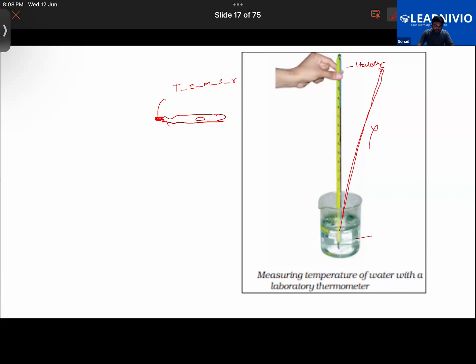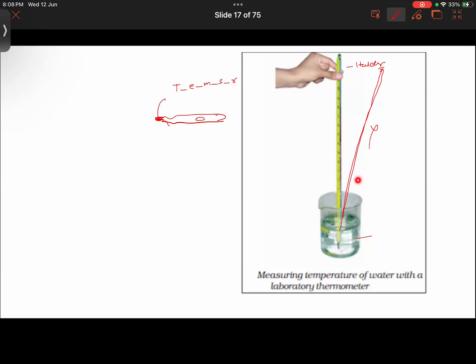Furthermore, the thermometer bulb should be surrounded from all sides by the substance whose temperature is to be measured. So it has to be dipped into this properly. Getting it, guys? While it is still in touch with the substance, at that time you have to take its reading. It's not like you would take this out and then take the reading.